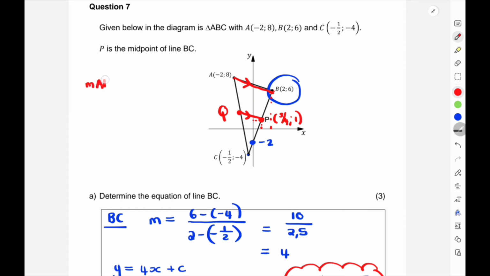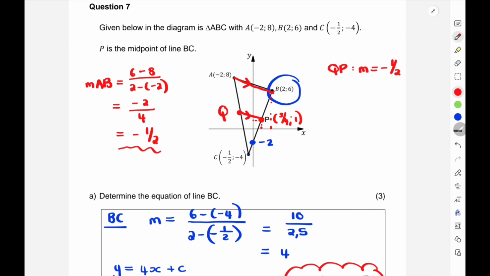So the gradient of AB, I'm just going to do it here so that we all can see the picture, is change of y over change of x. 6 minus 8 is -2 over 2 minus -2, and so it's -1/2. Is it going downwards? Yes, it is. So it should be a negative, at least a -1/2. Now we know that QP, the gradient, will also be -1/2.